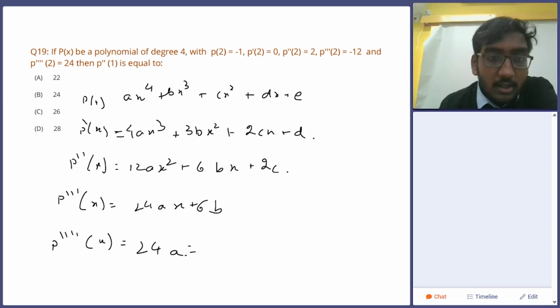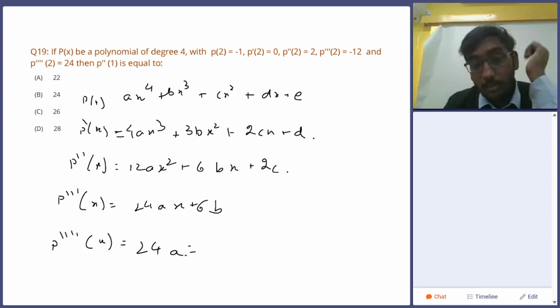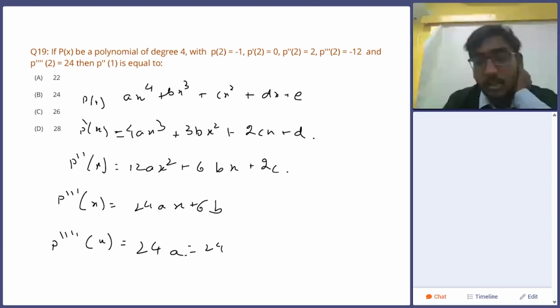See, the fourth derivative is independent of x. The fourth derivative is known to be 24. That means this 24a is just 24, so just replace it.